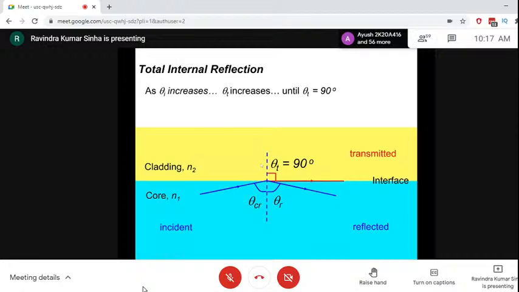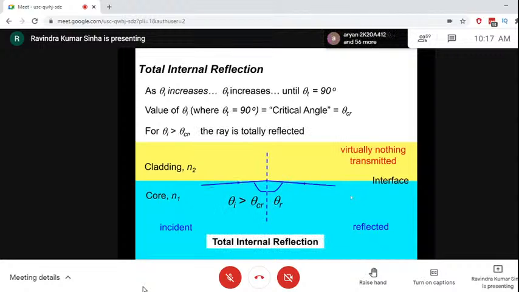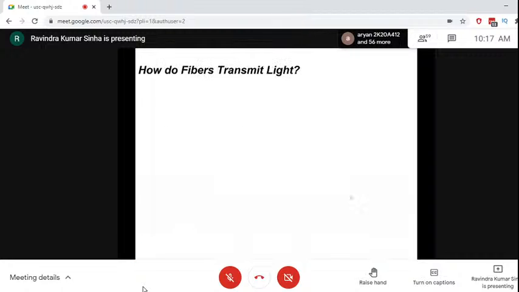Corresponding to this angle of refraction equal to 90 degrees on the transmitted side, whatever the incident angle is, we call it theta critical, the critical angle. More than that, there will be no transmitted ray and all will be reflected. That means no energy is going into the cladding, and everything is reflected back into the core. That we call total internal reflection.